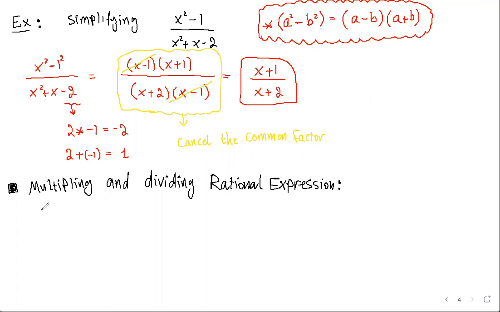Then second, I'm going to give you another property and you're going to use it for doing the multiplication of rational expressions. So for multiplying rational expressions, first you have to factor. Why? Because it makes the multiplication easy.